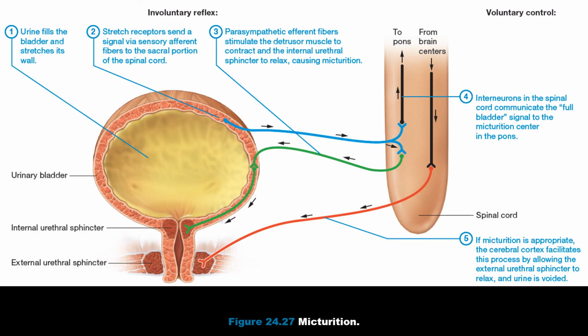Pons, if it's developed enough, will send signals back to the efferent signals to both the detrusor muscle and the levator ani muscle and the internal urethral sphincter, causing them to either relax or constrict, depending on which muscle it is, and it will just squeeze that urine out of the bladder.